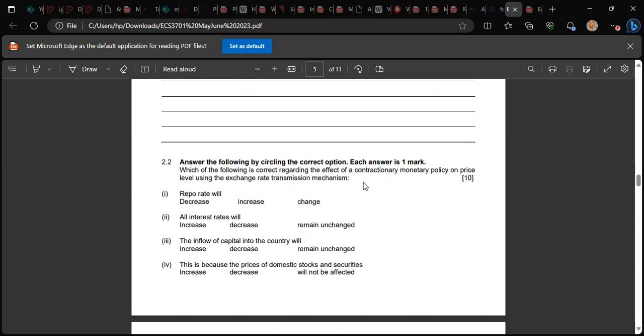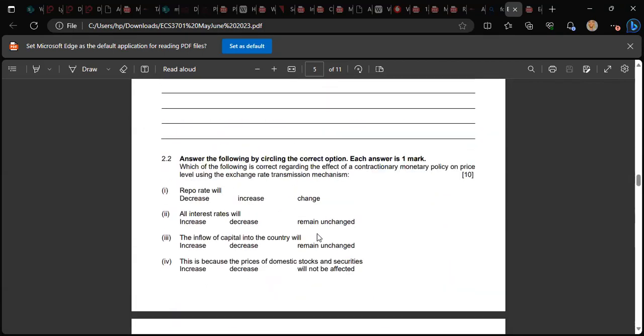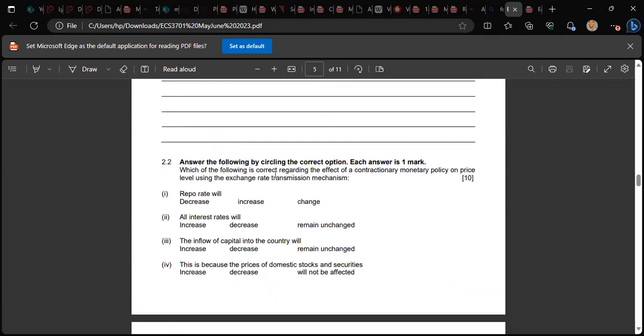When you engage in a contractionary monetary policy, your main intention is usually to affect the price level. You want to curb your inflation. So how does this work through the exchange rate? This is what we're talking about, and we are going to do this over and over again until it's stuck in our heads.